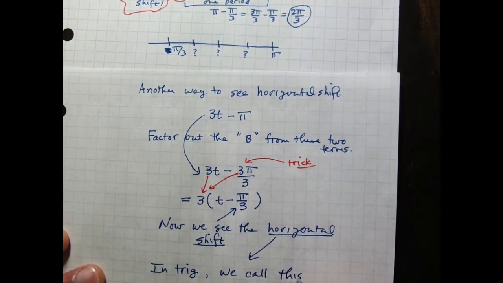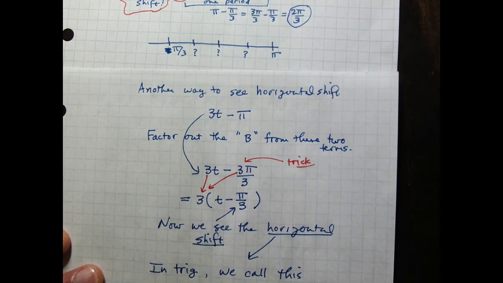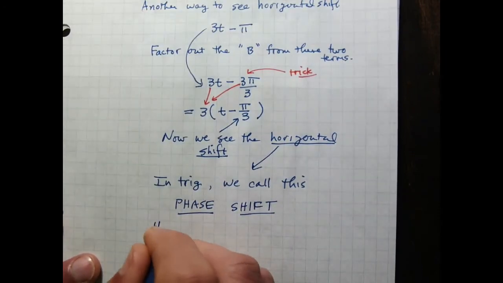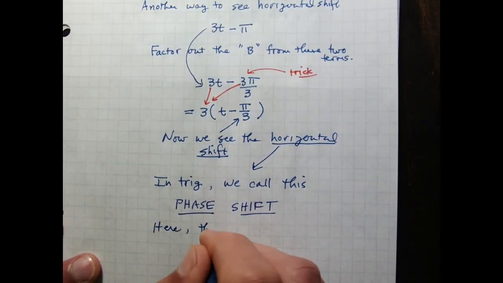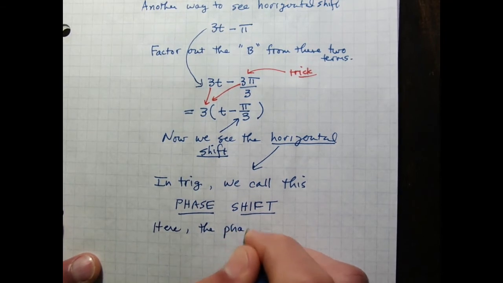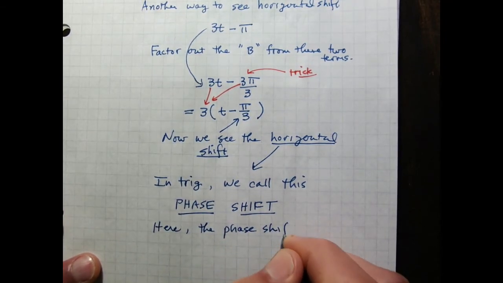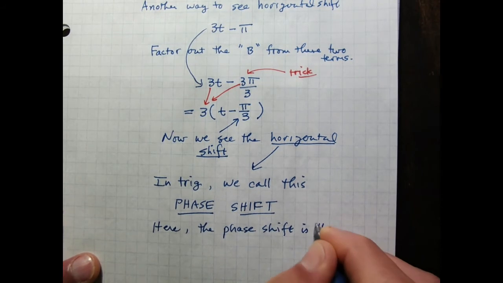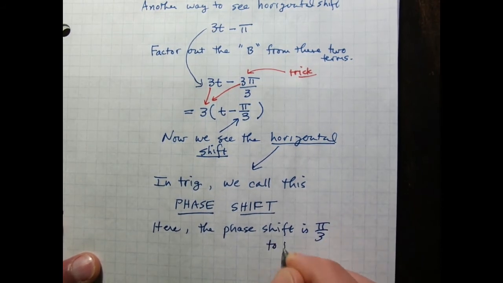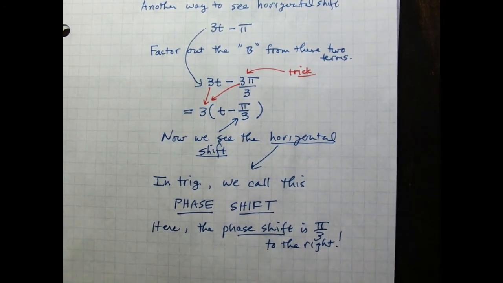We call this phase shift. So we say here the phase shift is pi over 3 to the right. We're going to use that. Phase shift just means horizontal shift.